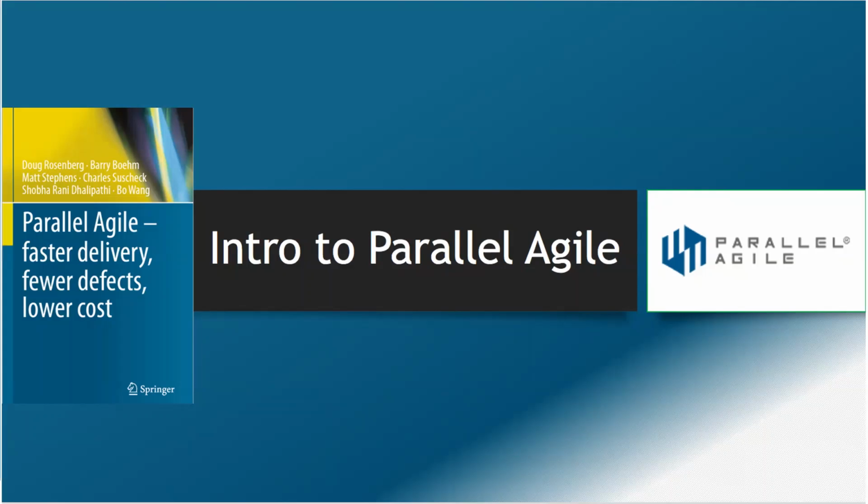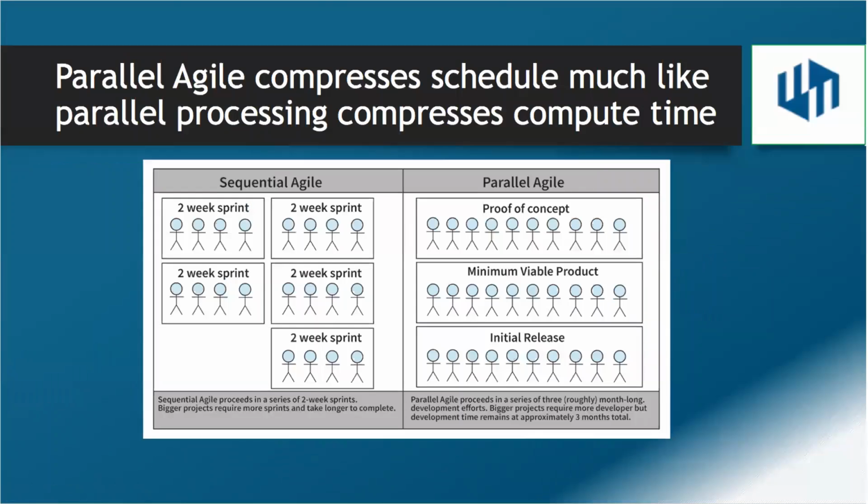Go ahead for the next slide, Daniel. So the basic premise is that we're trying to apply parallel processing techniques to software engineering. In most forms of engineering, if you want to go faster, you put larger teams on the problem.